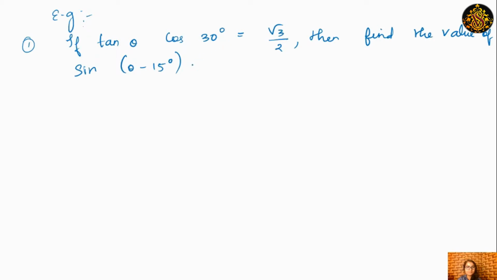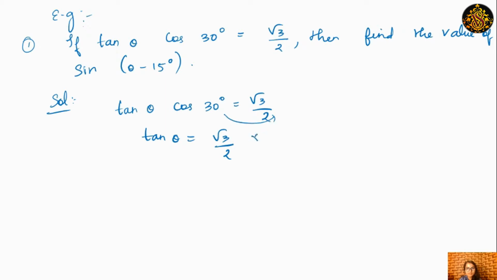Clear? So we have tan theta cos 30 degree equal to root 3 by 2. So tan theta equal to root 3 by 2. Take this to right hand side, so 1 by cos 30 degree. Clear? Taking this to right hand side, root 3 by 2 into 1 by cos 30 degree.